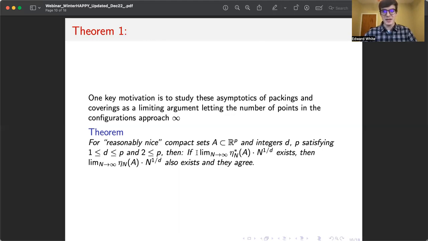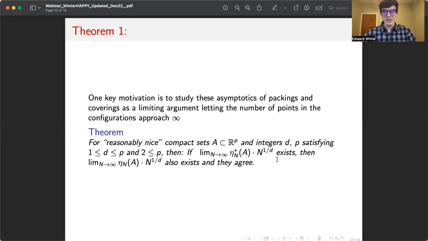Then what we have is this limit, taking the number of points and sending it to infinity of our unconstrained covering of n points on A, and then multiplying it by this growth factor n to the 1 over D power.